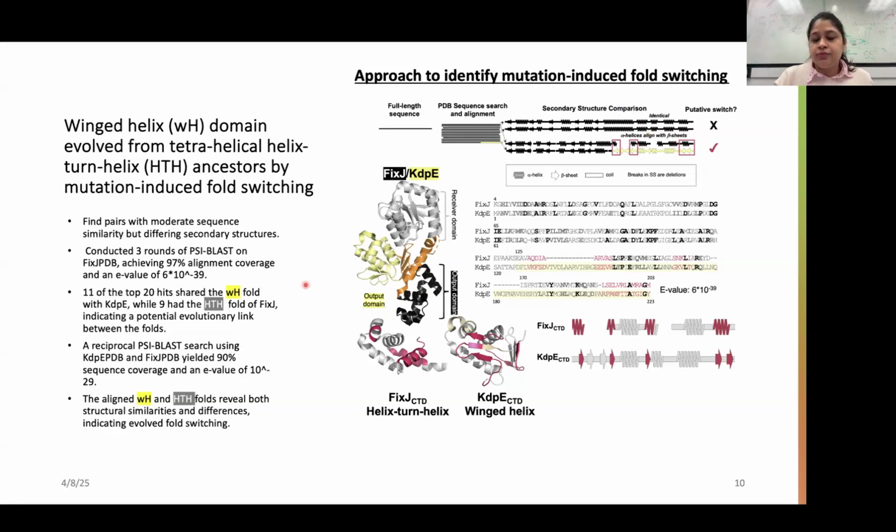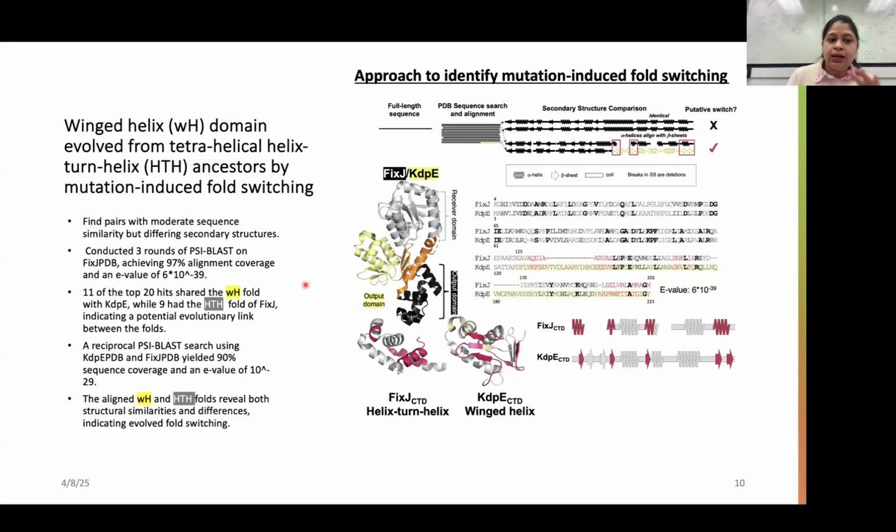So I'll explain two steps of this process. The first step was to find pairs with moderate sequence similarity but different secondary structures. We did this by conducting 3 rounds of PSI-BLAST on the PDB sequences, and we received good scores, very nice alignment coverage, and significant e-value, which made sense of our search.